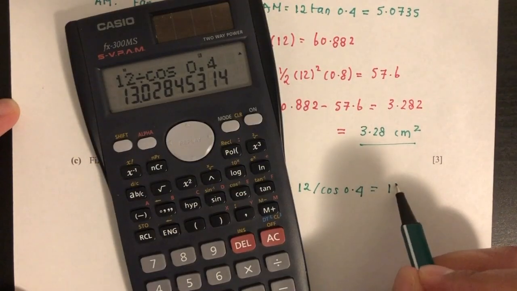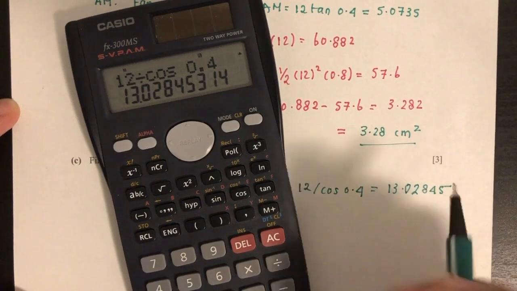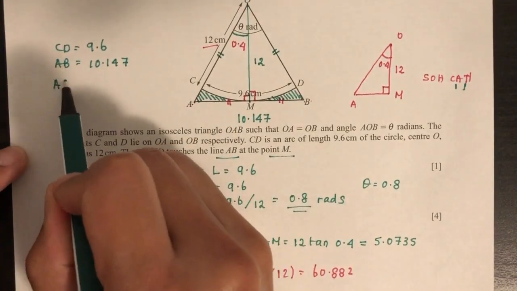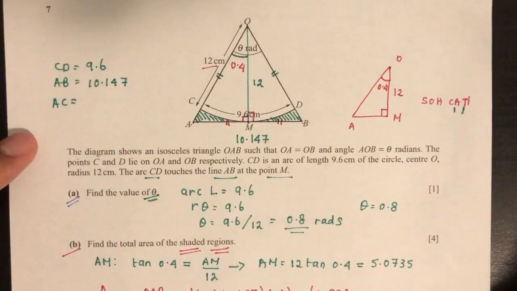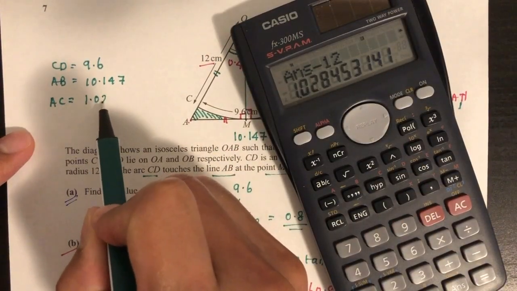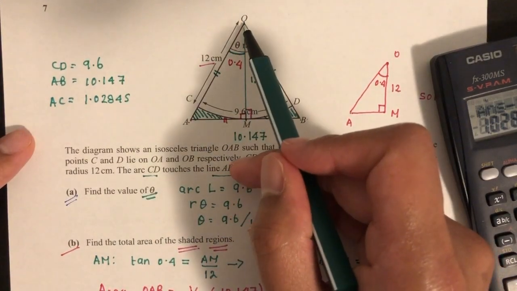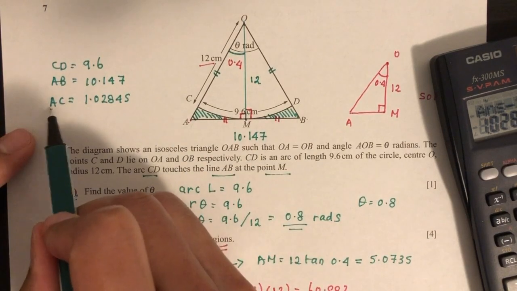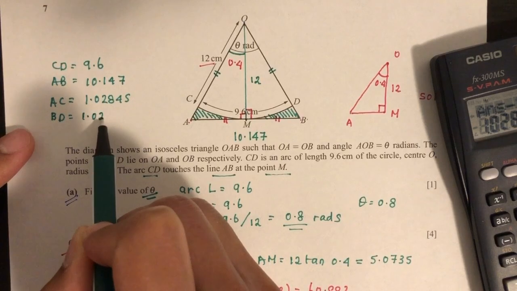That will be 13.02845. Okay, that's the length of OA. Now, to find the length of AC, that will be this value here, minus 12. So minus 12, that will be 1.02845. Now, as you can see, since this triangle is isosceles, these two sides are the same. So AC equal to BD, which is 1.02845.